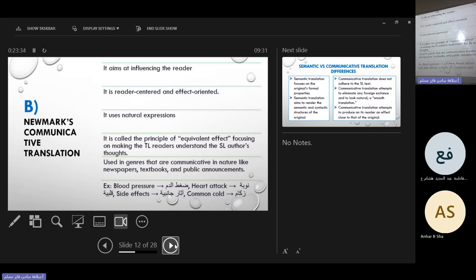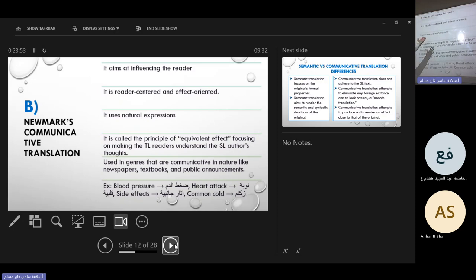It aims at influencing the reader. The purpose of any communication is to send and receive a message, and at the same time, to influence the reader.